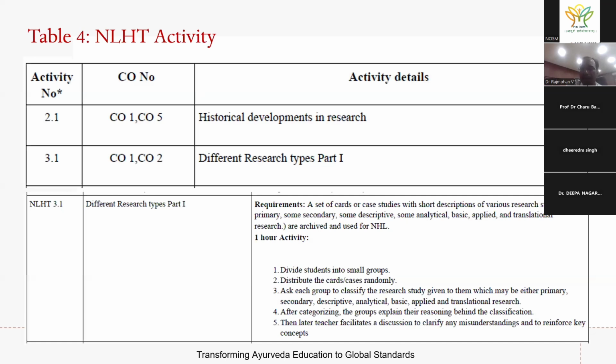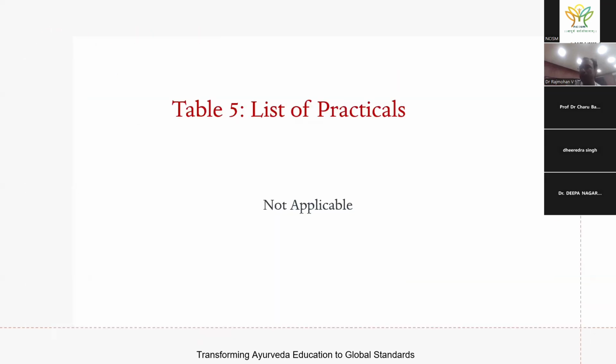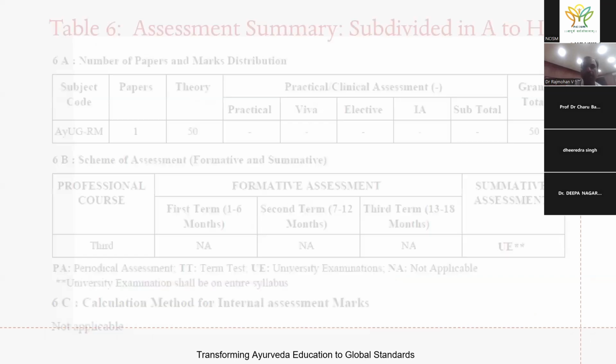There are specific activities we have designed and placed there. All those things are very self-explanatory. You can go through them. It's a very small and concise syllabus. We can go through individual non-lecture activities as well. These self-explanatory activities are also given there. List of practicals: there is no practical activity or practical hours assigned for this syllabus.